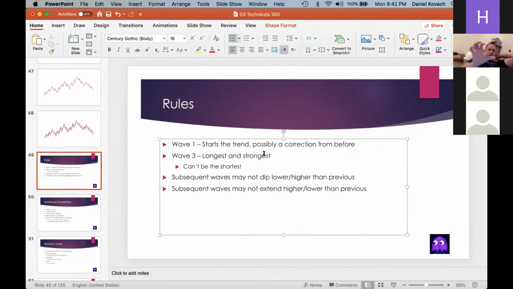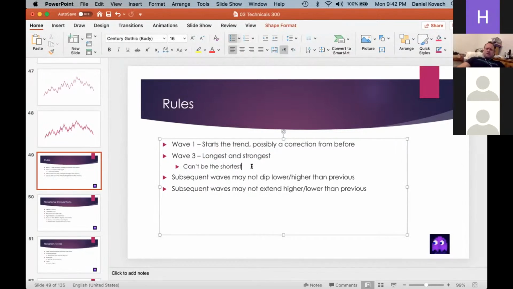That's going to be your wave 1, the thing that starts the trend. And wave 3 can't be the shortest. I have here that it's supposed to be the longest and strongest. That's what you usually see, but you could also see it in wave 5 or wave 1. It's just a little bit more rare. This is typically what happens.